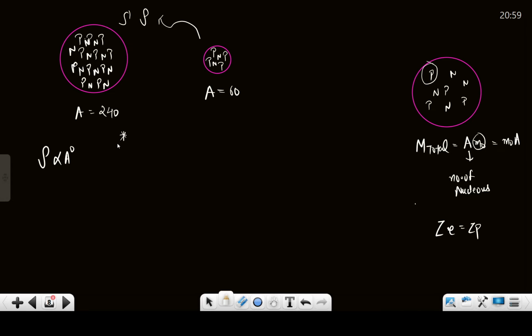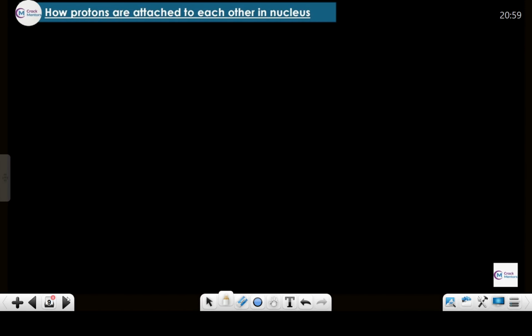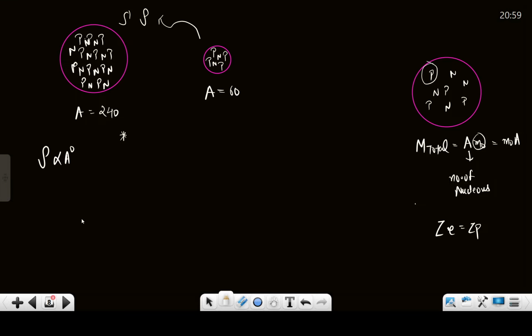And that's why there is a common question which arises in the mind: why are heavy element nuclei unstable? Sir, first of all, suppose this is nuclei 1 and this is nuclei 2.